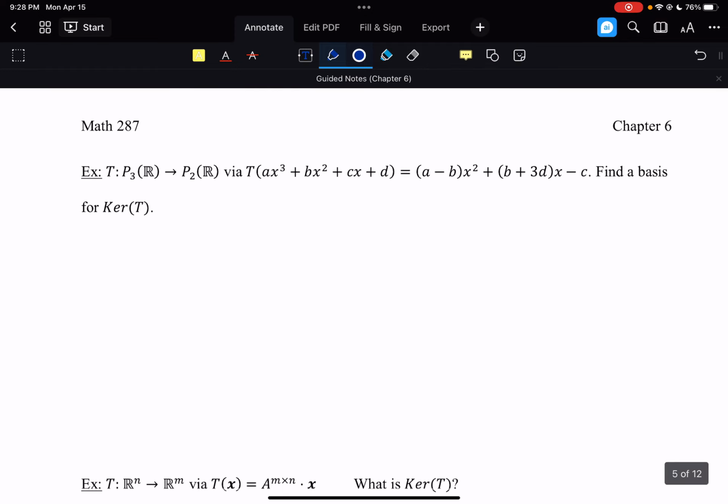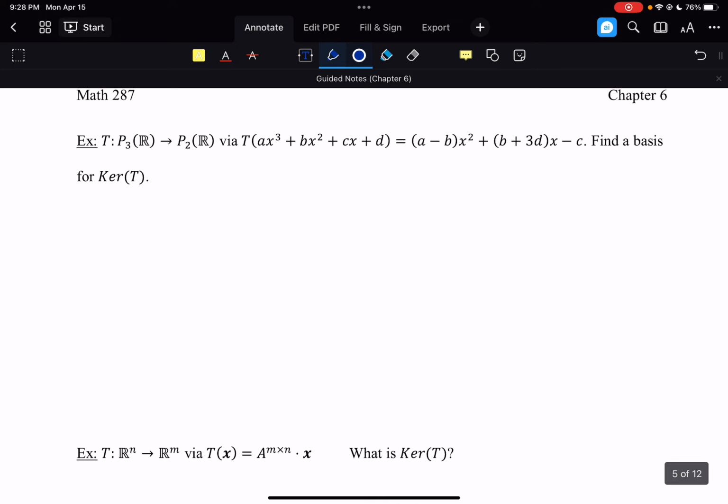Let's take a look at another one. So we've got a transformation from P3 to P2 with the given transformation there. Find a basis for the kernel of T. So the elements of the kernel are going to be coming from the input vector space, so from P3, but transform into 0 in the output vector space P2.